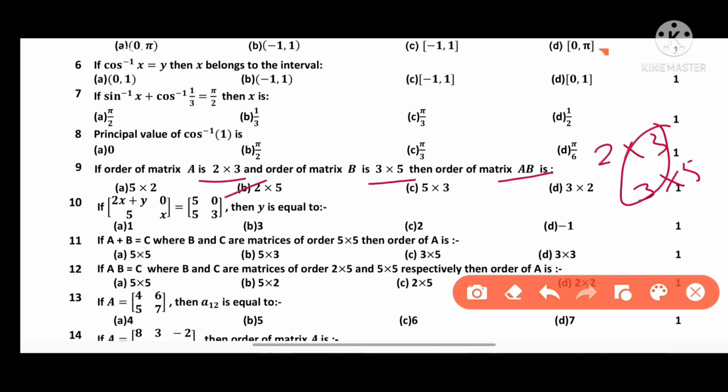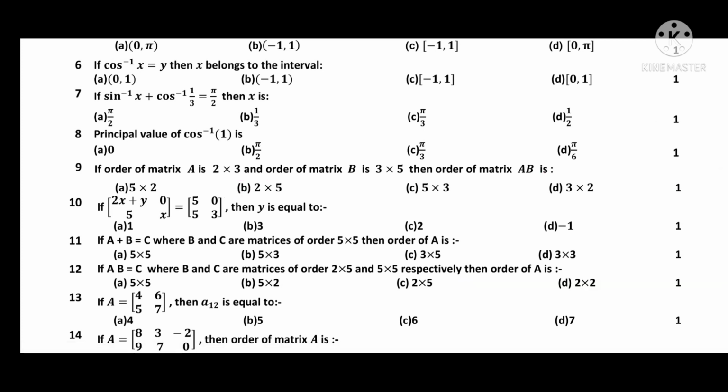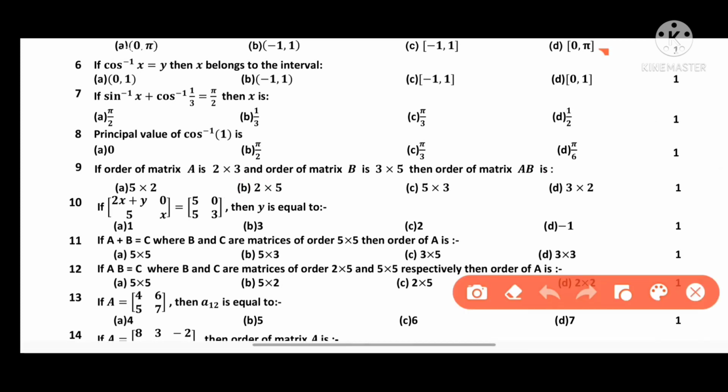Next, 10th question. If the matrix [2x plus y, 0; 5, x] is equal to [5, 0; 5, 3], then y is equal to. By the definition of equality of matrices, corresponding elements are equal, that is x is equal to 3 and 2x plus y is equal to 5.